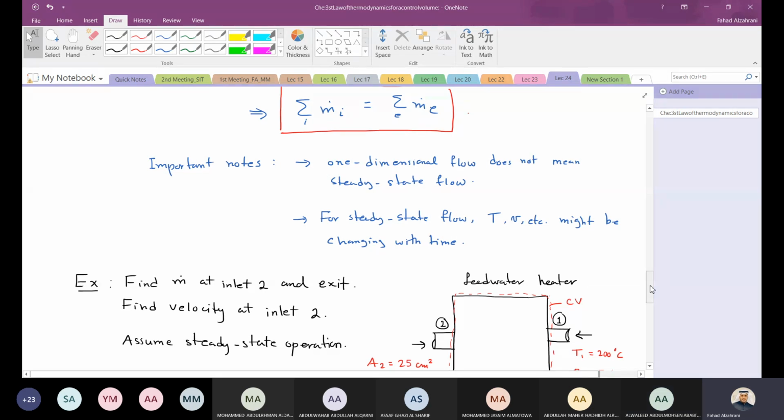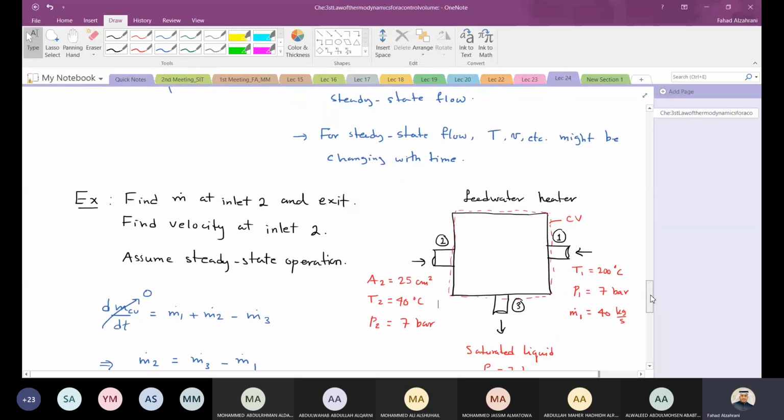Tell me what's the concept I'm going to apply. Yes, conservation of mass, or the mass rate balance. So you have to be clear.